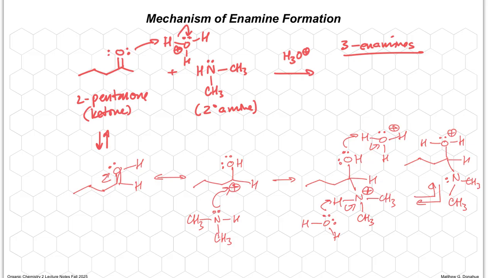So we've set the stage for the lone pair on nitrogen now to collapse down. That will form a carbon-nitrogen pi bond. So it's going to eliminate out water.